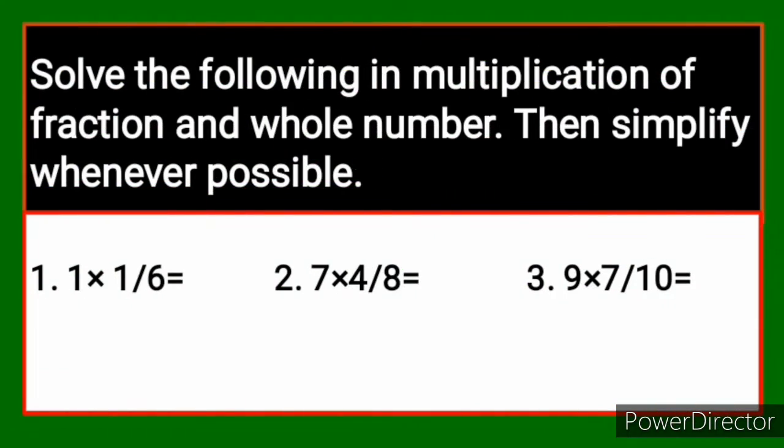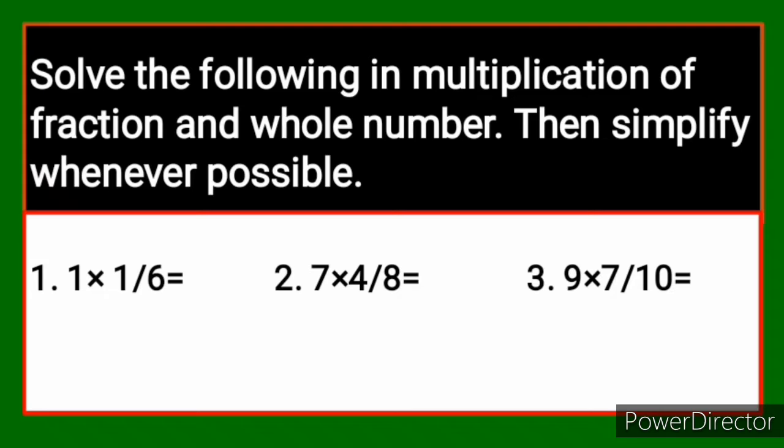Okay, now solve the following multiplication of fraction and whole number. Then, simplify whenever possible. Number 1, 1 times 1/6 is equal to blank.